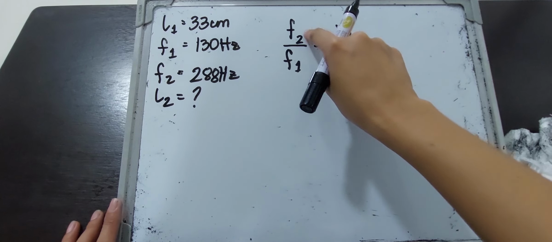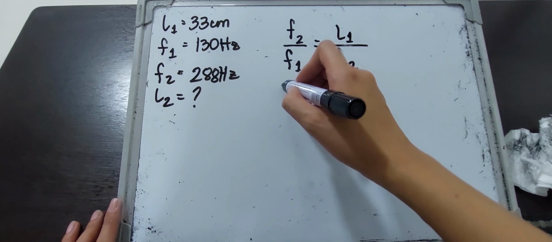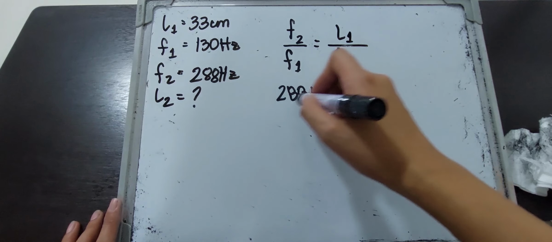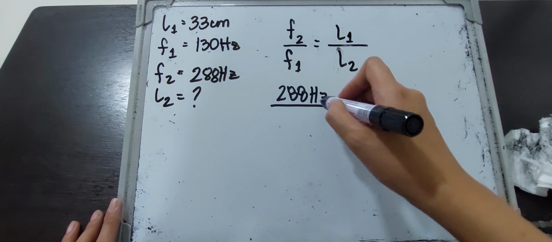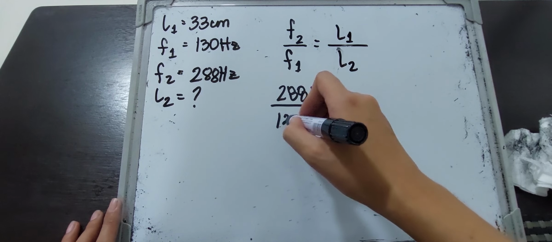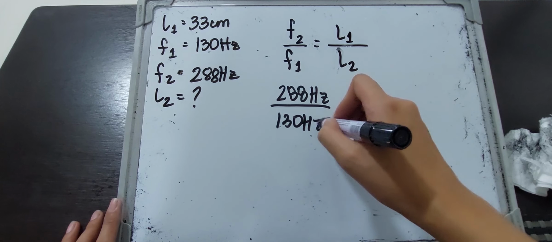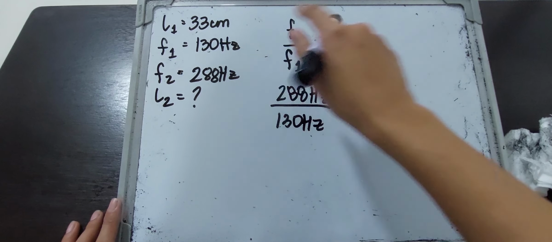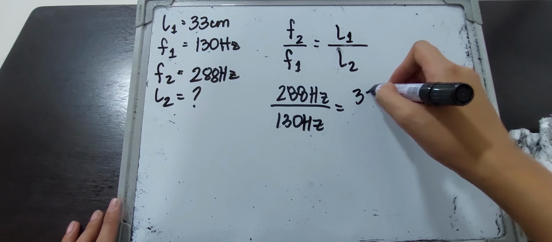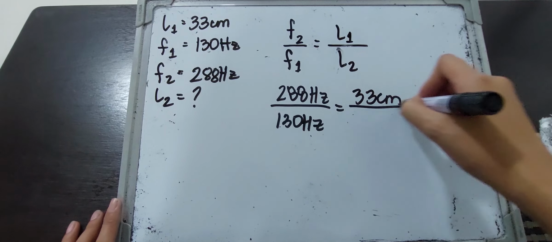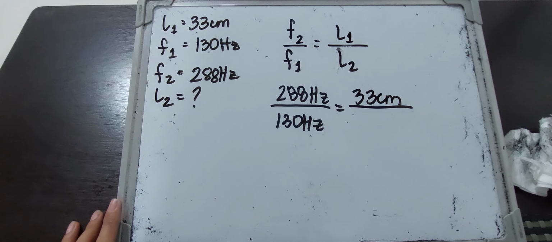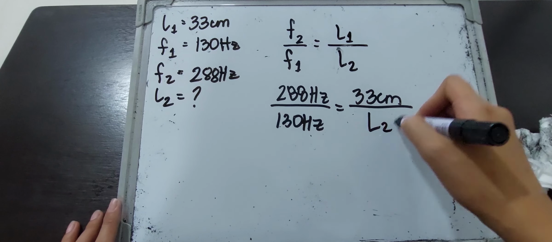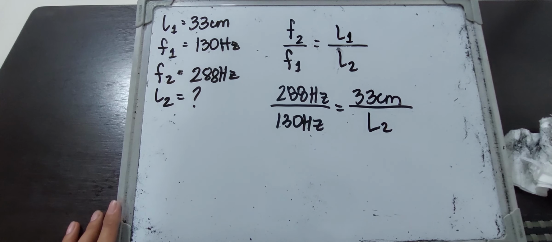So, our second frequency, which is yung sa D, is 288 Hertz divided by the frequency of the C string, which is 130 Hertz, is equals to the length of the C string, 33 centimeters. Since ang violin ay maiksi lang, kahit hindi na i-convert sa meters, then ito yung ating hinahanap.